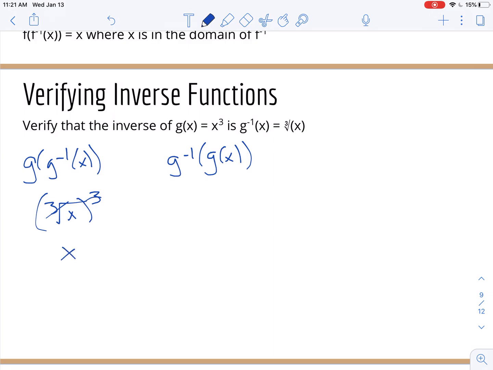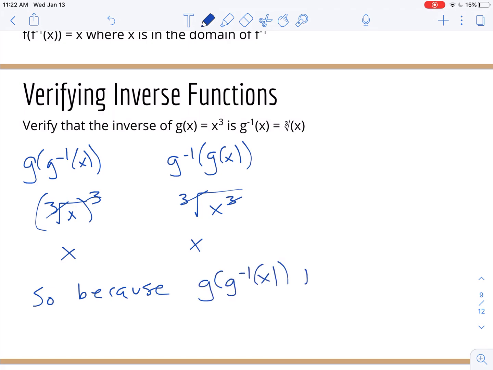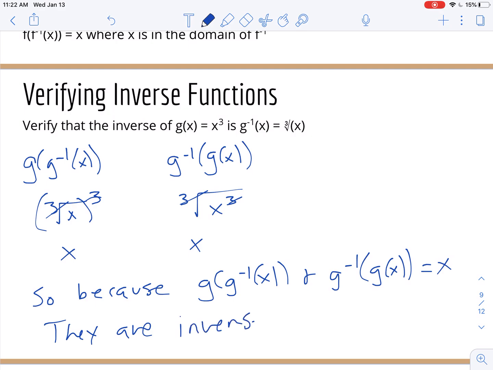If I plug my function into what I'm being told is my inverse function, these cross out and I'm left with x. So because g as composed by the inverse of g of x, and the inverse of g of x as composed by g of x, are both equal to x, I can say they are inverses. Because those composite functions are equal, they are inverse functions.